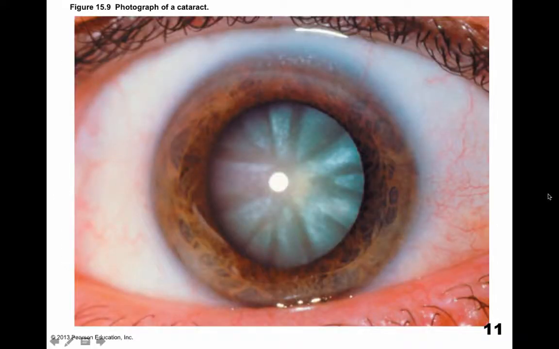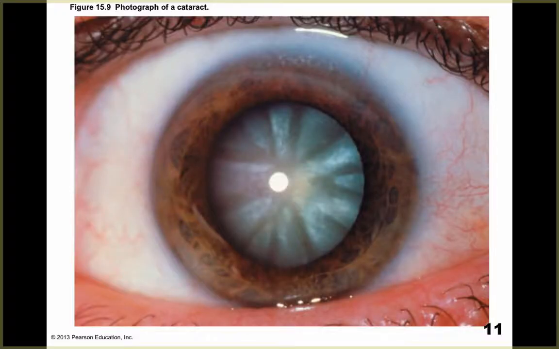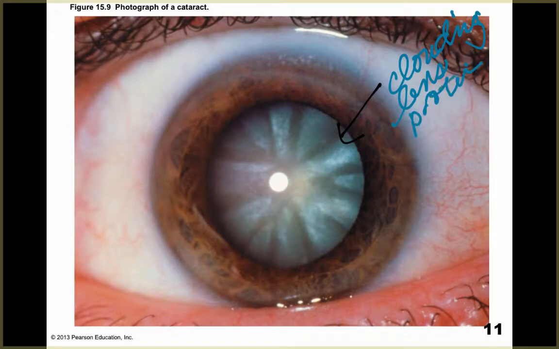Now, we did talk quickly about cataracts, and cataracts happen whenever you have a problem with your lens. It's a homeostasis imbalance, and basically you get this clouding of your lens, and it's basically with proteins that have been crystallized.